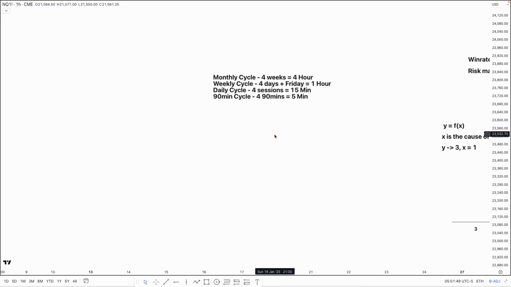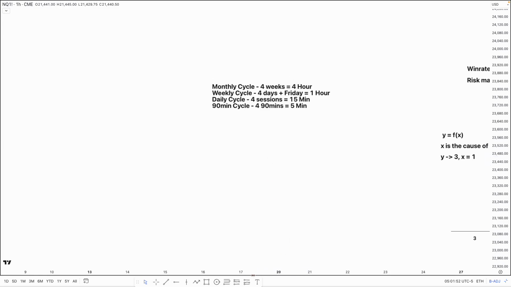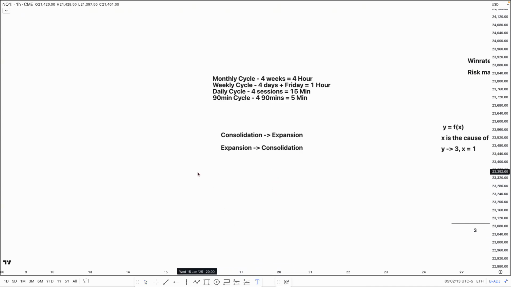What we will be using is understanding that expansion comes from consolidation and vice versa. Right? So expansion will also lead to consolidation, and we will use these in the first and second quarter. So if Monday expands, we'll be anticipating a Tuesday consolidation.